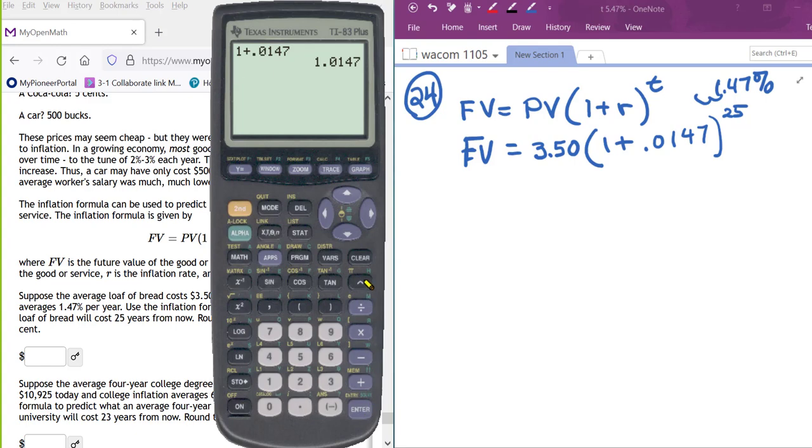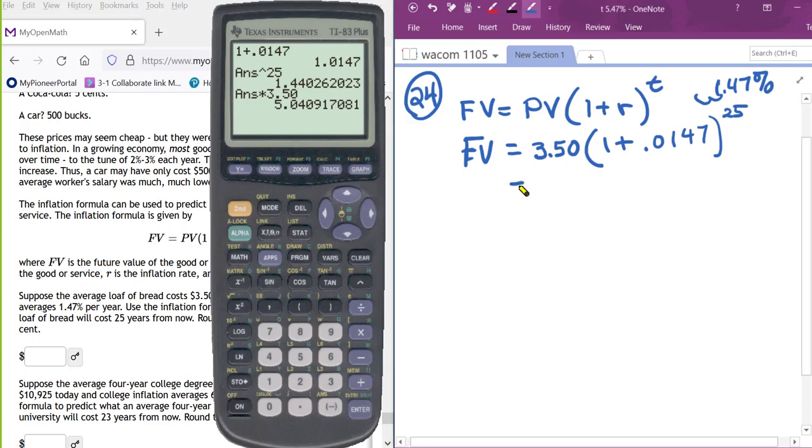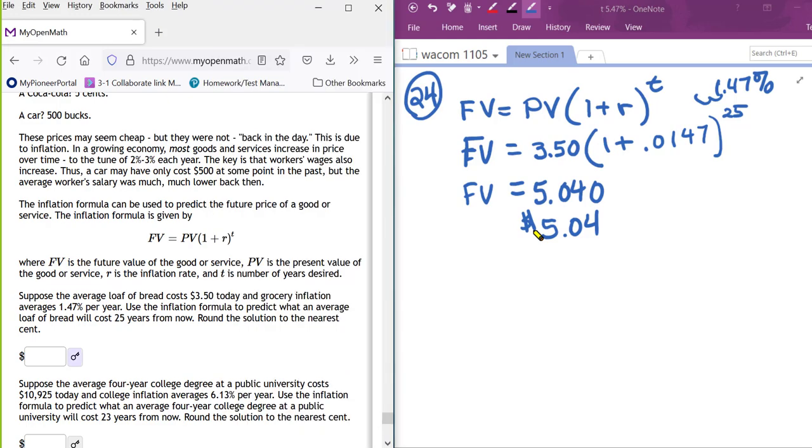Now we're going to raise it to a power, 25, enter, and then I'm going to multiply by 3.50. And this is money, so I am guessing they said to the nearest cent, which would be $5.04. That would be a nice inflation rate. There we go. And I think we have time for one more.